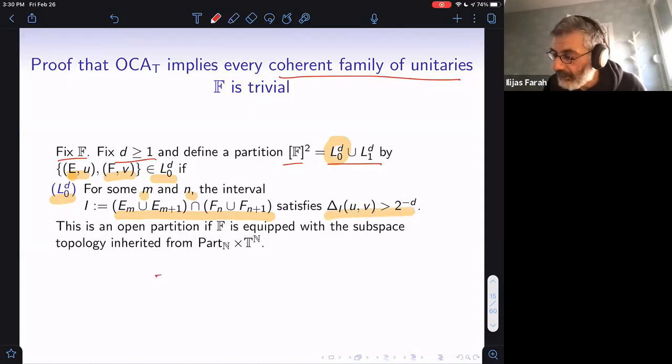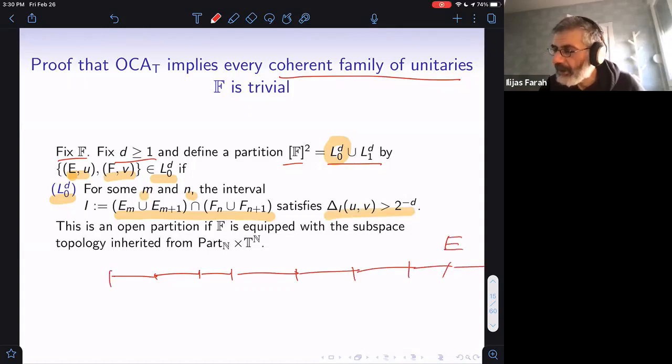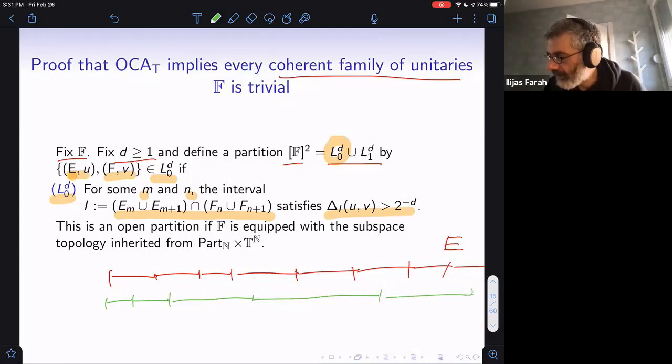So let's try to look at the picture here. If this is partition E, it goes on here. And here is partition F. So the intervals are different. We're not assuming anything about what they look like.